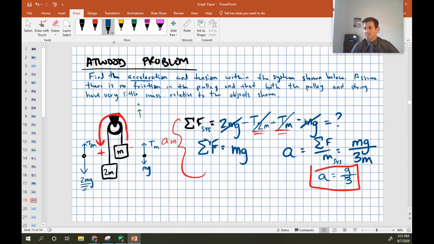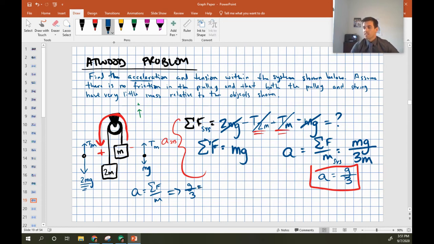And I'm going to say this object has an acceleration equal to the sum of the forces over m, but the acceleration is g over 3 because we already found out that the system's accelerating g over 3, which means this has to be accelerating g over 3. Otherwise, the ropes stretch or break or something.